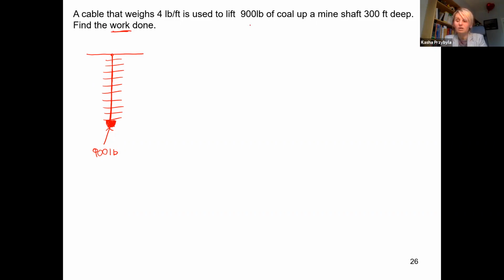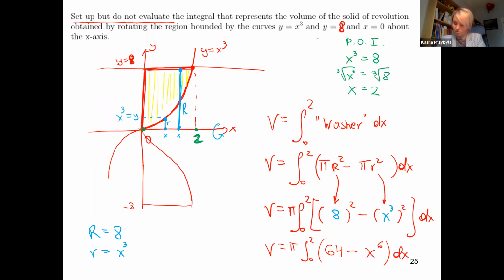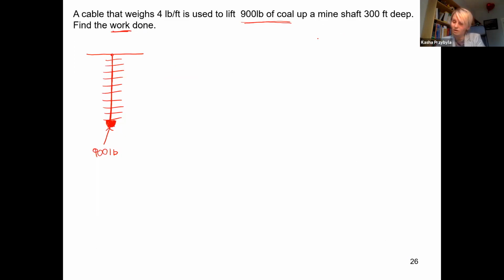The only constant will be this, which you can tell me the formula for. We will ignore for now the weight of the cable, just how much work is done to take up these 900 pounds of coal. Of course, it's the weight times the distance.